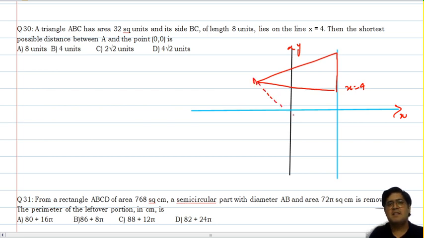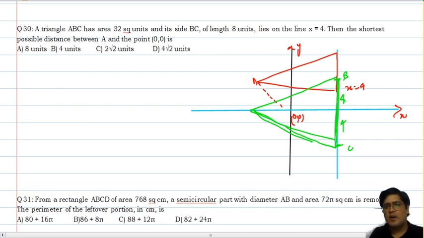To minimize the distance between A and origin here, would it not be best if I could simply put BC here? If this is BC, the total length was given to me as 8. So this is 4, this is 4, the complete length is 8. In this way, because the structure is symmetric on both sides, it is basically either an isosceles triangle or an equilateral triangle, either. This is A.